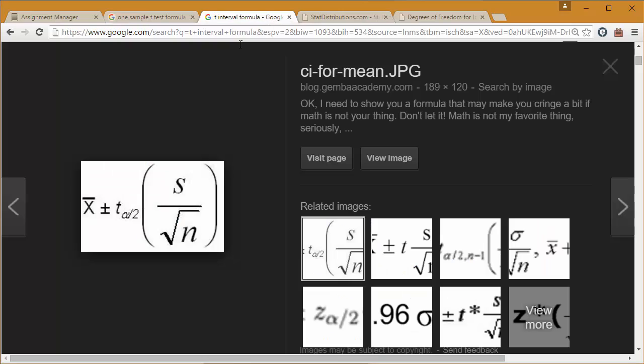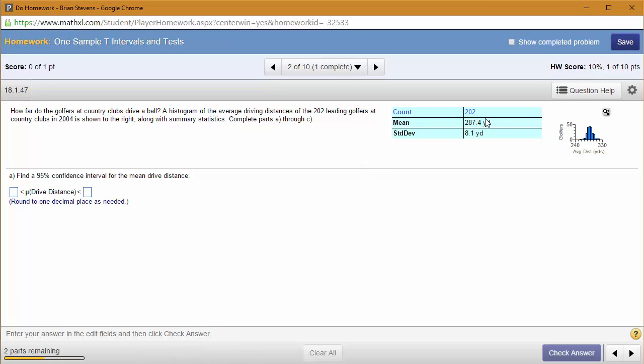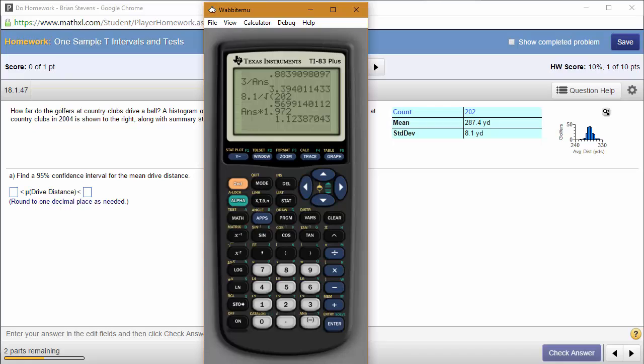The margin of error is the plus or minus. So all we're doing is going up or down this amount from the mean, because now all we have to do is take the sample mean. This is 1.12, which is the margin of error. And then we can add and subtract that from 287.4. Let's just get the positive of this.